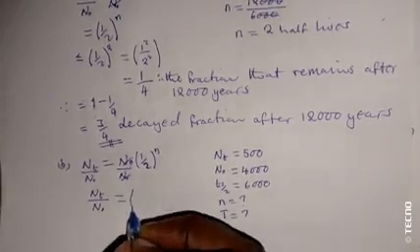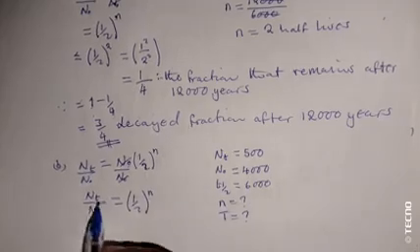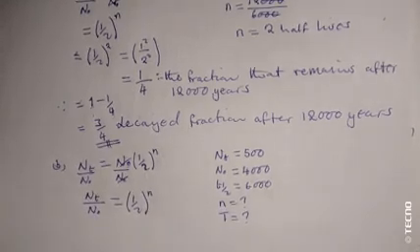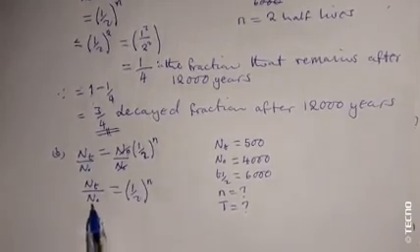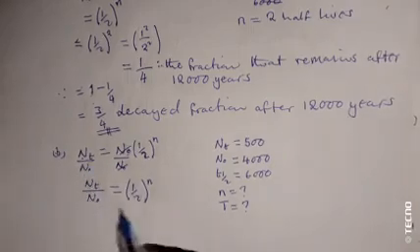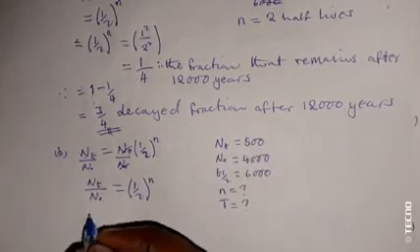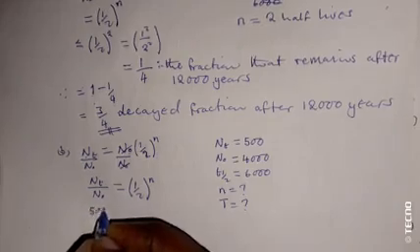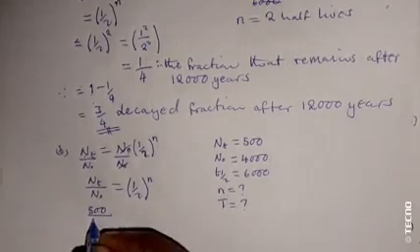Sometimes they can also use m, the letters of your choice, to represent the number of these substances. So here where there is N_T, we replace by 500.